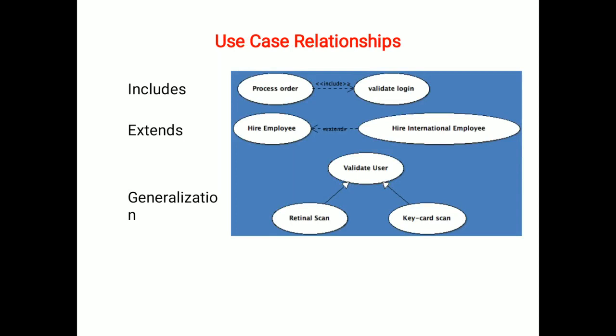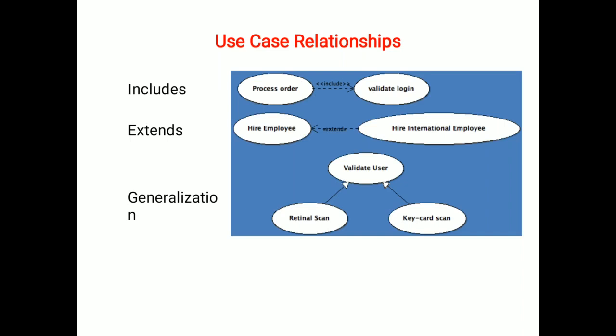Some more components in use case relationships are include and extend. What is include? A good difference is there between include and extend. When you want to log in, automatically two operations will be carried out. Which are those two operations? First is username and second is password.